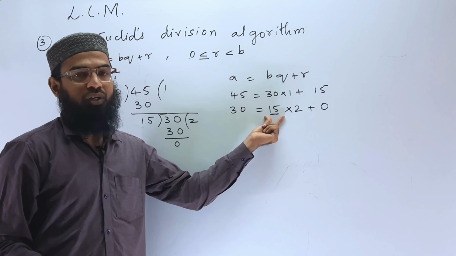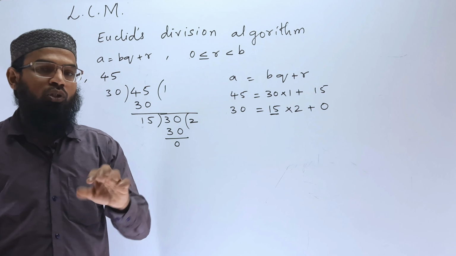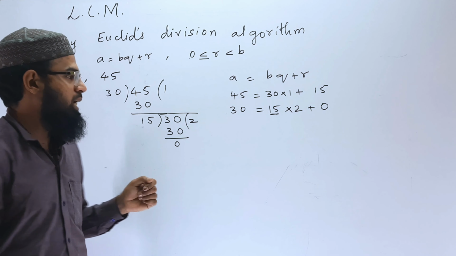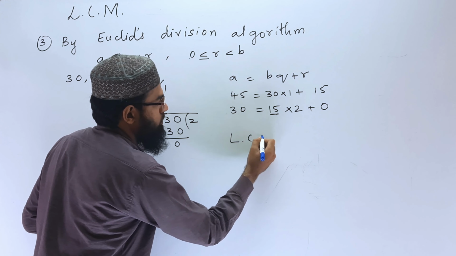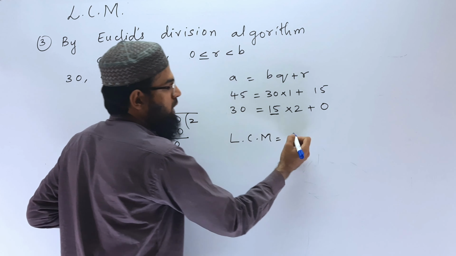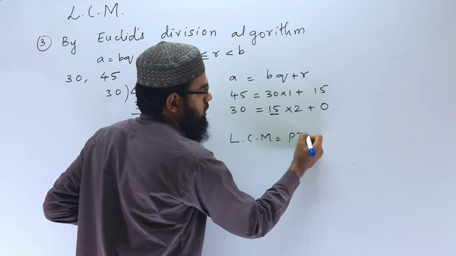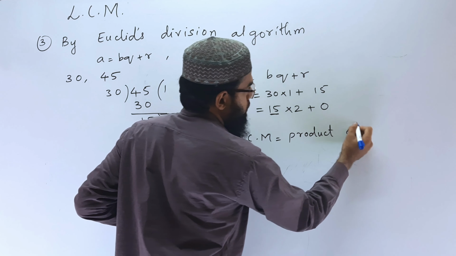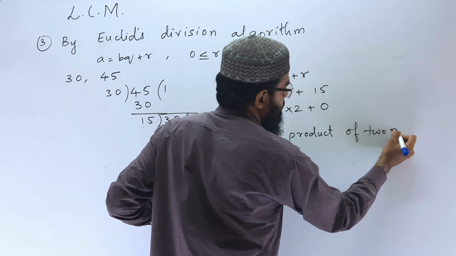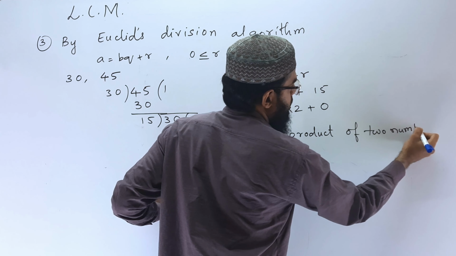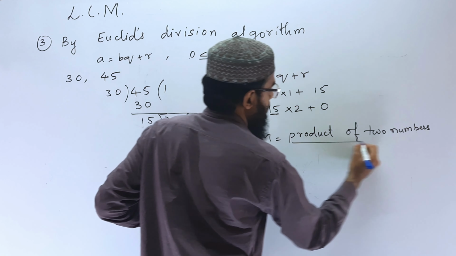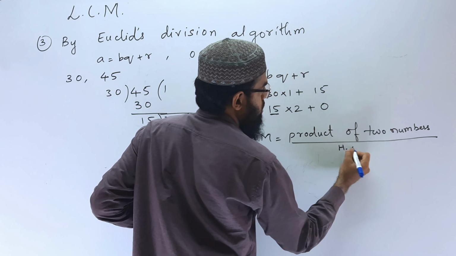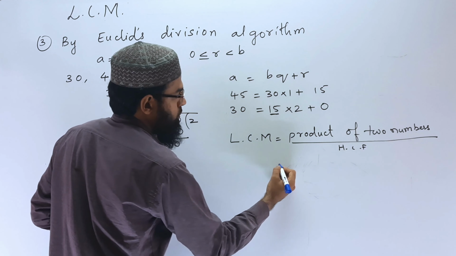So we need this 15 to find out the LCM. How are we going to find out the LCM? In this method, we have to multiply the two numbers and divide the product of the two numbers by the highest common factor.